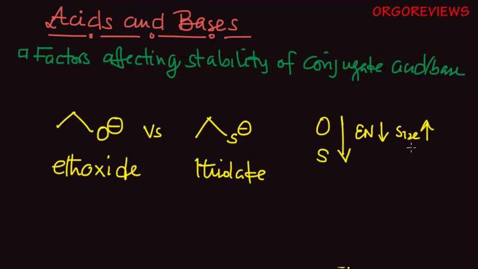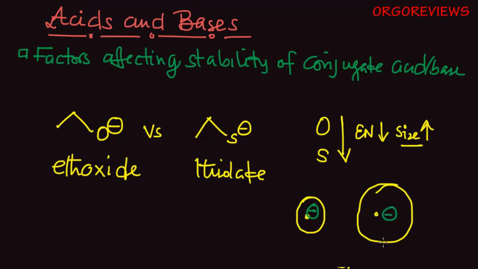And we already know that when you go down the periodic table, size becomes a major factor. Maybe oxygen will be like this. Sulfur is going to be twice as large, right? And therefore, if you have a negative charge on oxygen, it's more concentrated than when you have it in sulfur. So this will be easily stabilized in the sulfur compared to the oxygen. So we will predict that thiolate will be more stable than the ethoxide conjugate base.